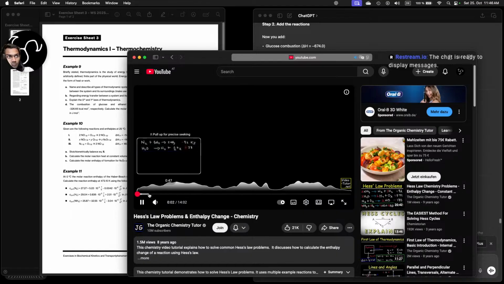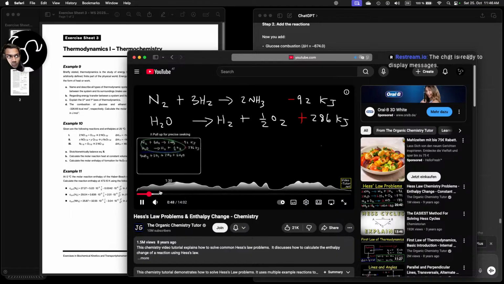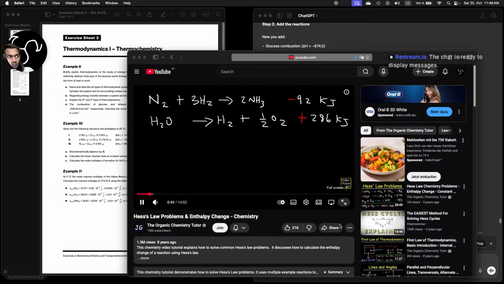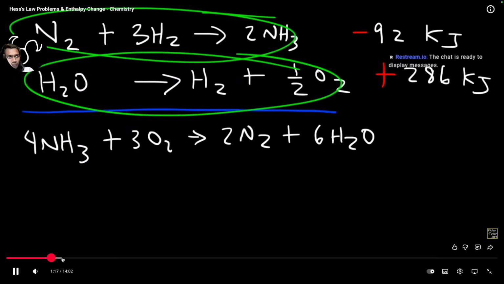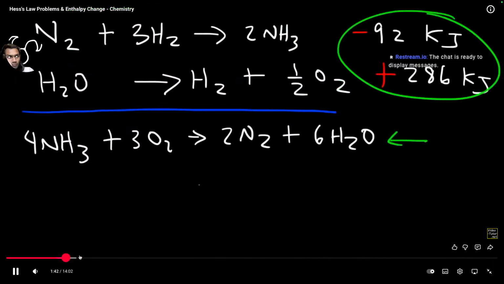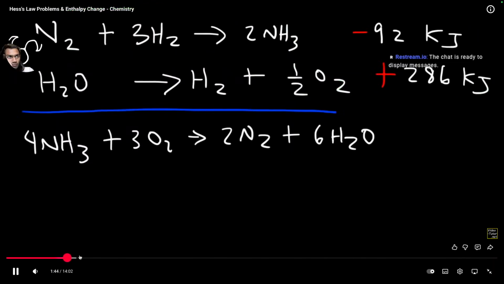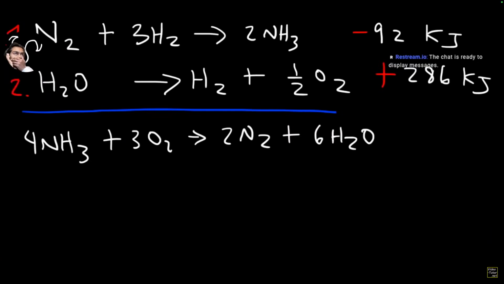So this video is going to be all about using those two reactions, how can we calculate them in such a way to get the enthalpy for this reaction? And that's how we're going to do it. So we need to focus on the right stuff. In reactions 1 and 2, you want to focus on the reactants and products that appear only once in those two reactions.